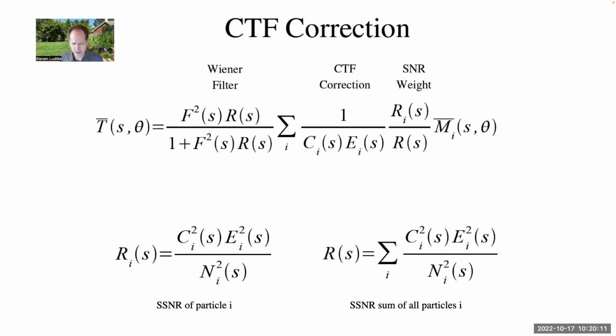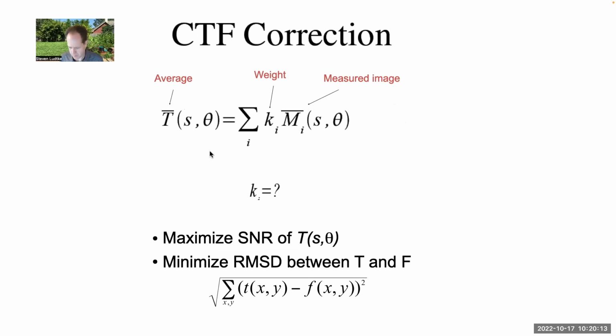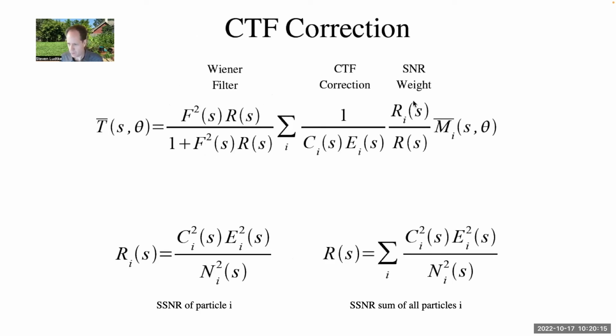Anyway, the solution to this problem is that the correct weighting to do in this averaging process looks like this. There are three parts to it. There's a weight based on the signal-to-noise ratio, there's a CTF correction part, and then there's a Wiener filter part.